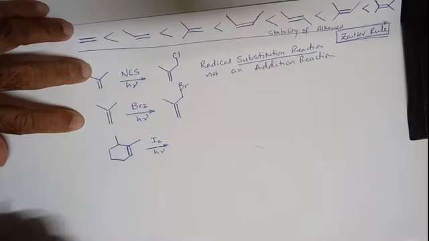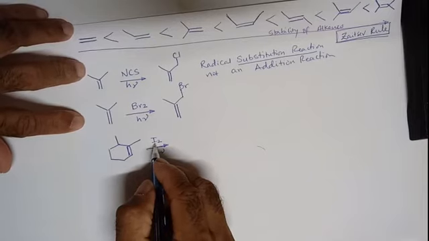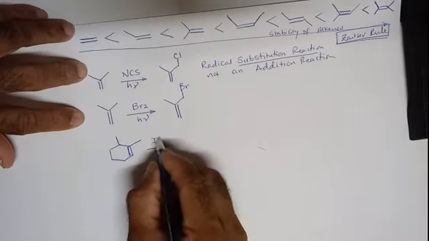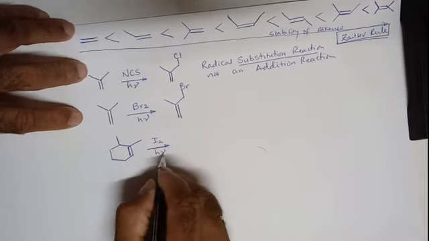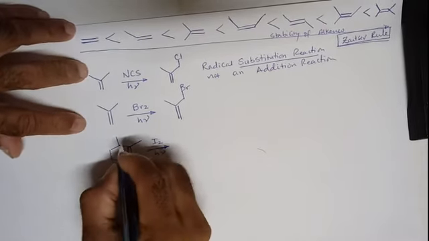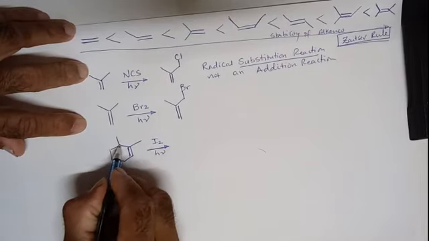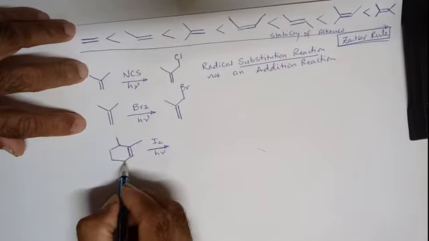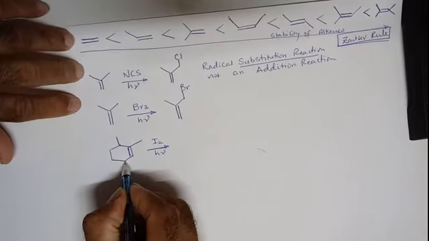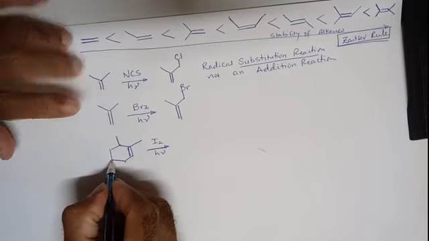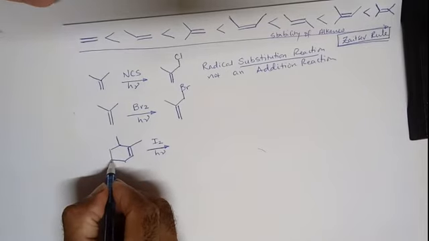See, I'm showing the variety. We can use NBS, NCS, I2, same thing, because iodine radical can be created in presence of sunlight, right? Once that radical is created, it has a choice of taking hydrogen from here, hydrogen from here, hydrogen from here. Now keep in mind, are there hydrogens here? Yeah. Are there hydrogens here? Yeah. Are there hydrogens here? Yes. But then why didn't we touch those?